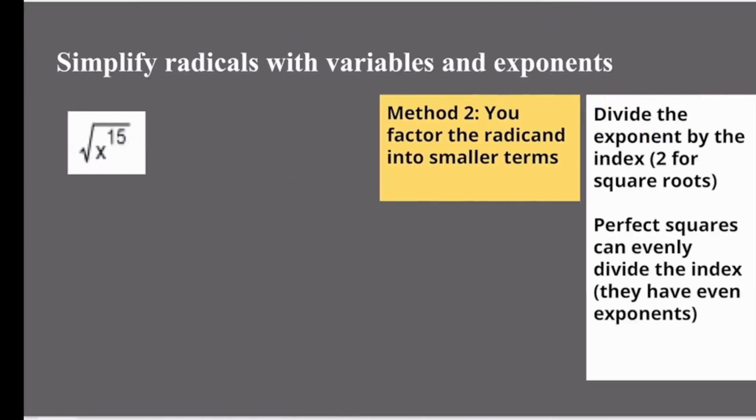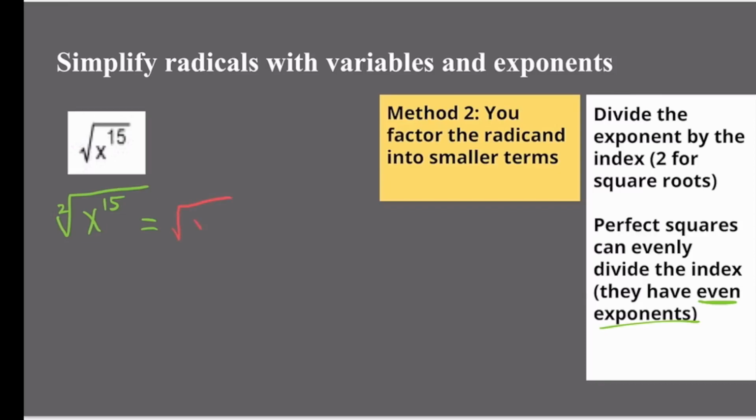The second method is going to be to expand this out so you can see what's happening. So we already know perfect squares. We're looking for even exponents. So what we could do here is we can rewrite x to the 15th power, and we could focus on the squares.